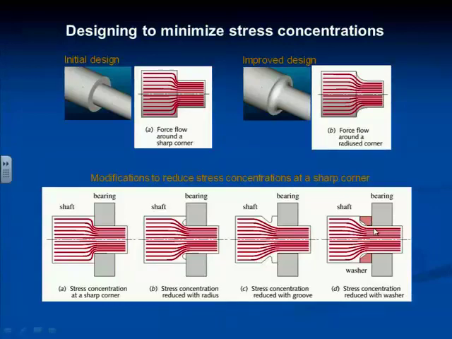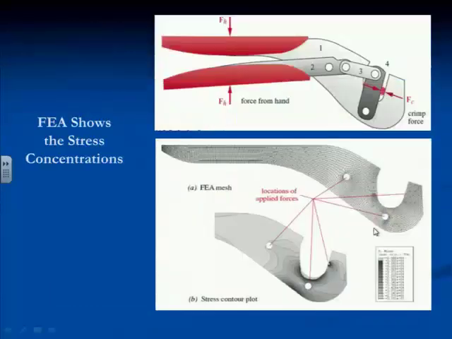And there's many other varieties of things I can do. The bottom line here, the point of it all is, don't have sharp corners. They're going to give you trouble, okay? You want to have smooth changes in contour every place you have to have such changes in contour.